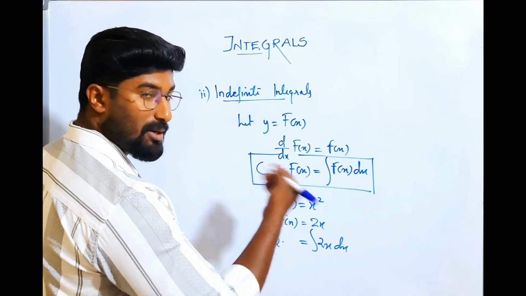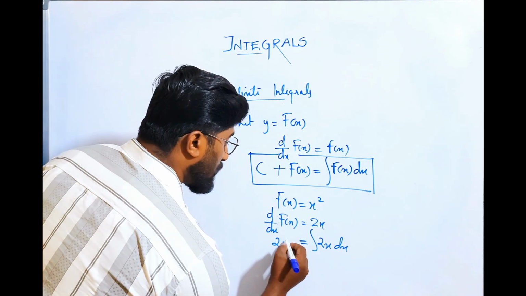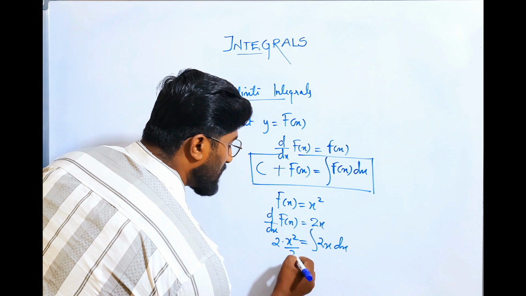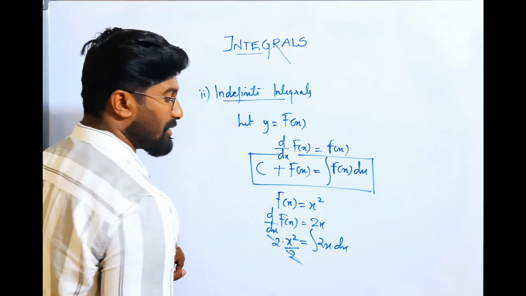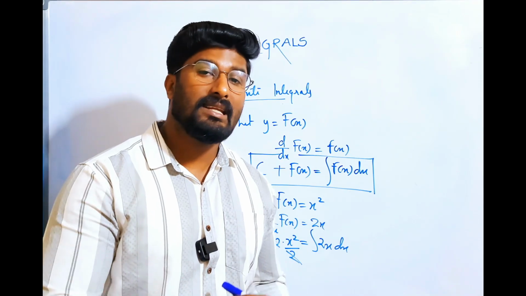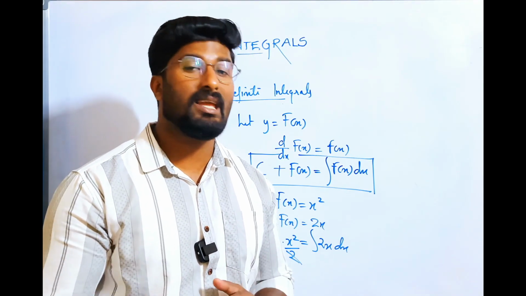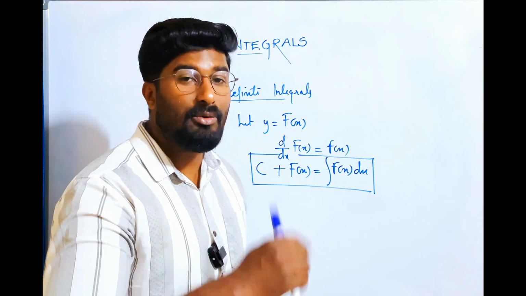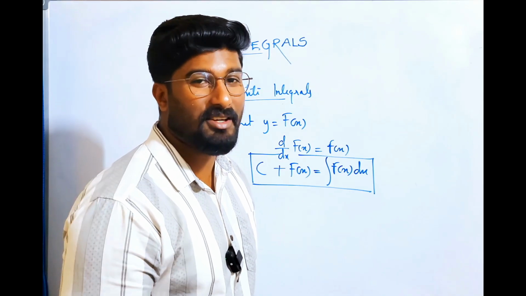You know that it is x raised to n plus 1 divided by n plus 1. So it is x square divided by 2. So the 2 cancels and you get x square, the original function. So integration and differentiation are inverses of each other. Now I will tell you what the constant of integration is.